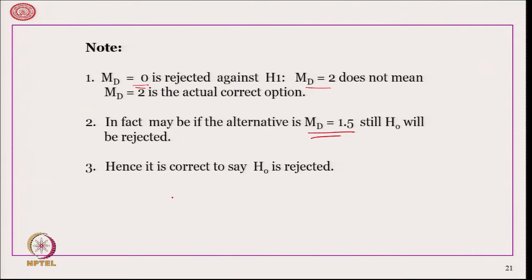So, instead of saying that we are accepting the alternative, we should say that H naught is rejected. This is generally true for testing of hypothesis, even for parametric cases. Rejection of the null hypothesis against some particular alternative does not mean that the value of the alternative is the correct one.